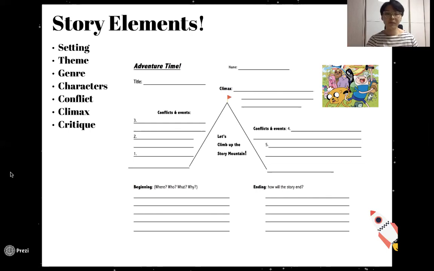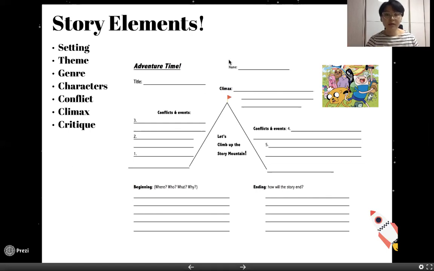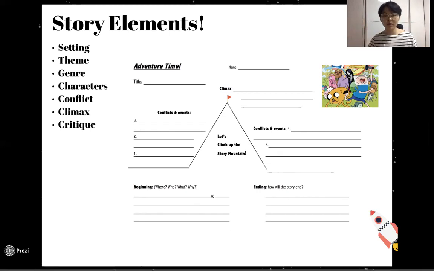We have the beginning, middle and end. We have the climax in the middle, and there are multiple conflicts and details that add up and lead up to the climax. So think of it as planning an adventure. Every story could be an adventure, and you have to be the author of your own adventure story.